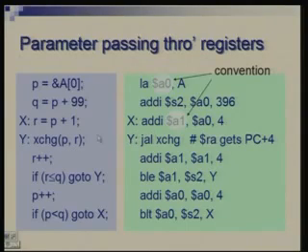The way it is done, the simplest method is what is shown here: use some specific registers which are designated for passing parameters. The values which have to go into the procedure are loaded into these specific registers. In this case, you can see $A0 and $A1. These are the two registers which are part of the set of registers from where I can convey the parameters.